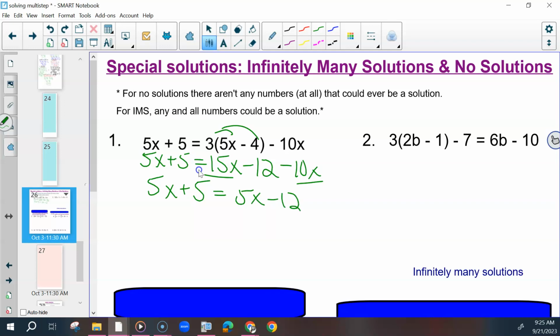Okay. Before we continue, I want you to look at this equation. Tell me what you notice. Okay, so solving wise, you'll end up with 0. That's important. But what about this right here? What do you notice? Anything stand out?